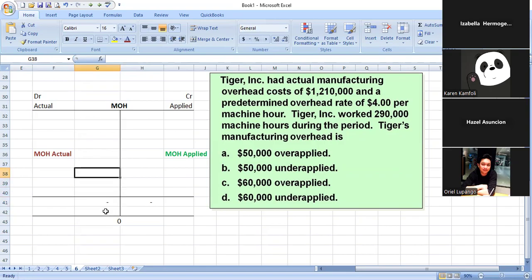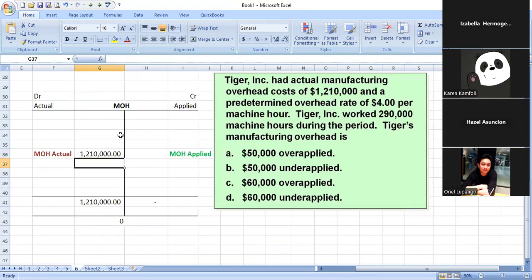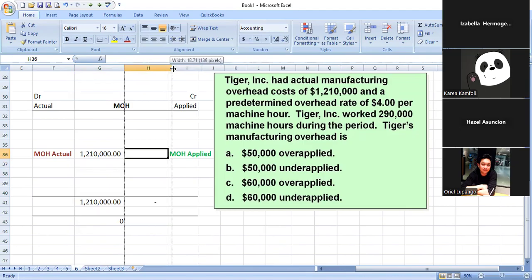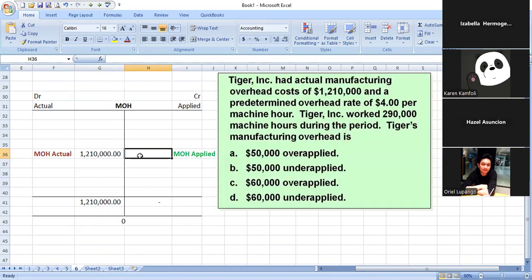So let's see. How much is the actual? 1,210,000. Okay, that's our actual. How much did we apply? 1,260,000.